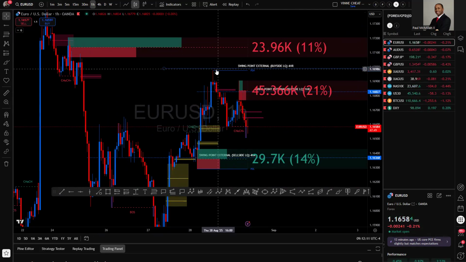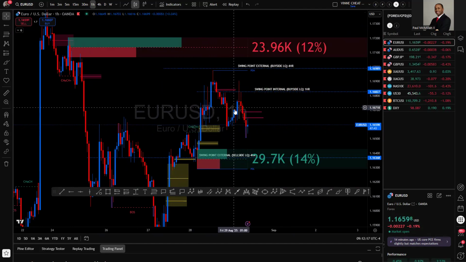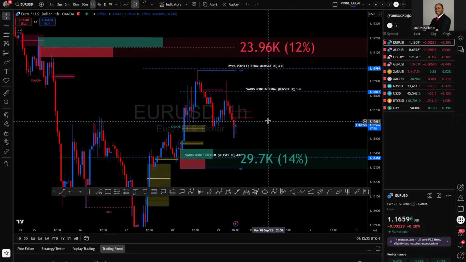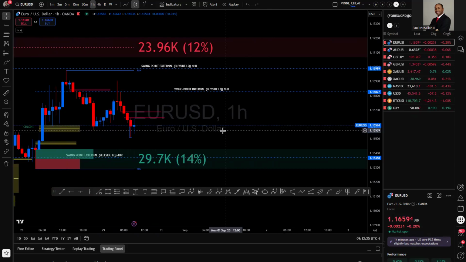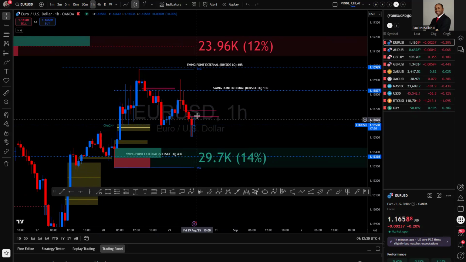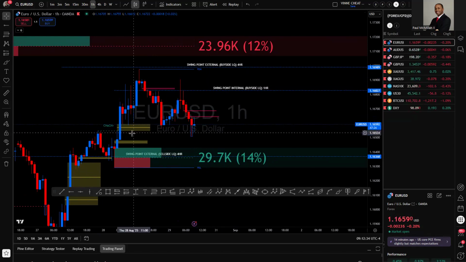So we have liquidity up here, probably swept out liquidity up there, and it created a fair value gap and traded into that. And it looks like it created a lot of fair value gaps and traded into here as well. We all know that price trades from external to internal.